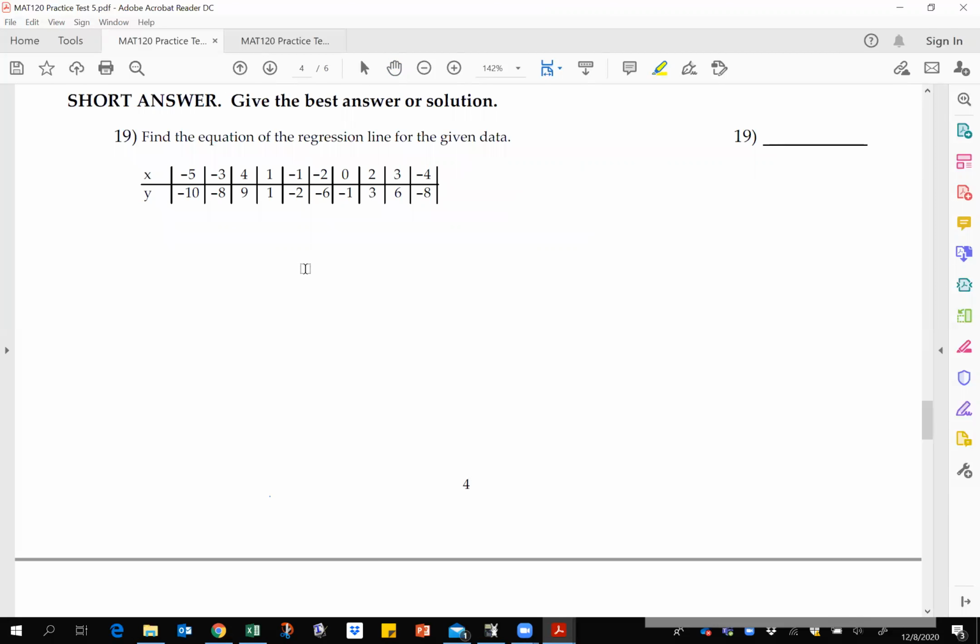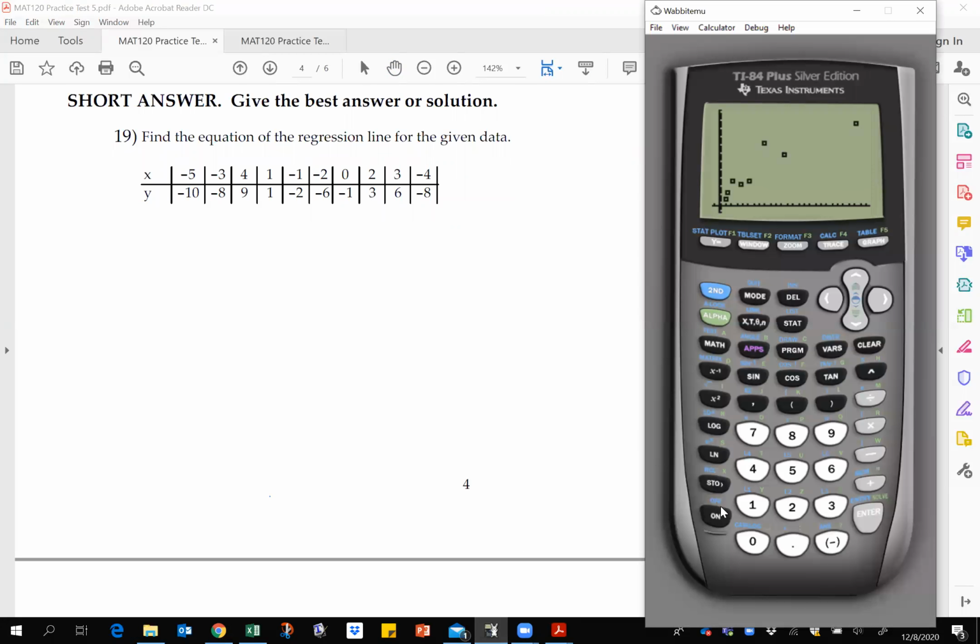Question 19 gets us into finding the equation of the linear regression line. This is the last calculation button you need for the test. So it's going to begin the same way. We want to enter our data set. So we go to the stat menu, go to edit. Once again, the X values will go in list L1.